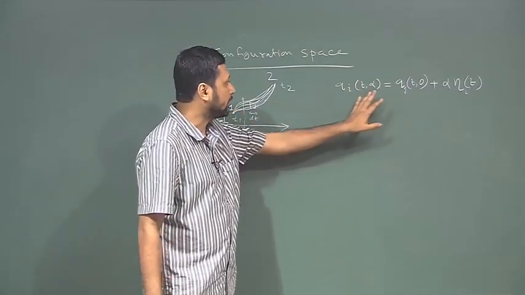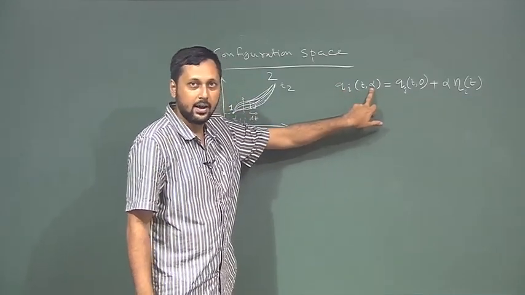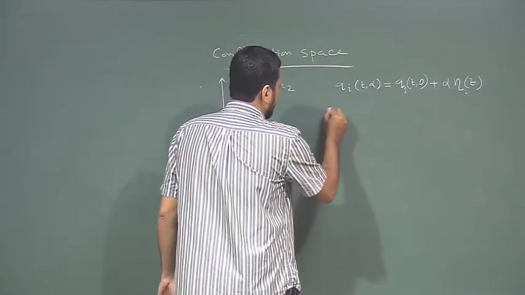In order to do that, we introduce a new infinitesimally small parameter alpha and take a Taylor series expansion of q around alpha.